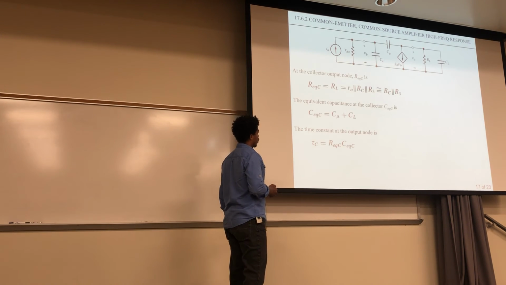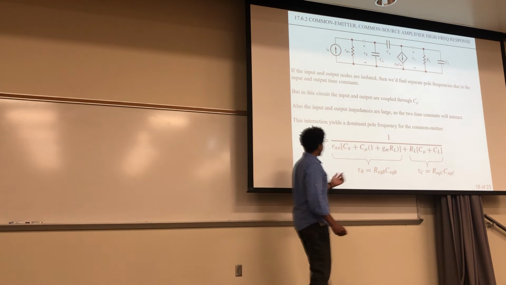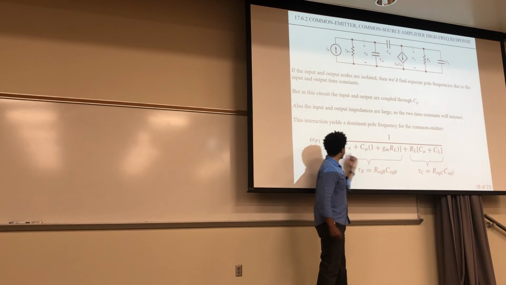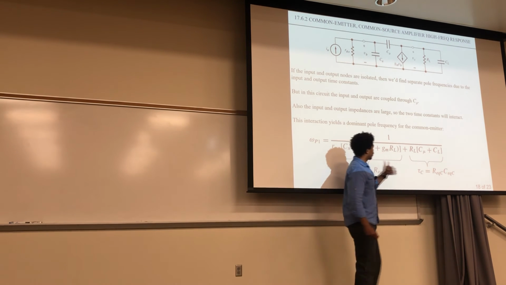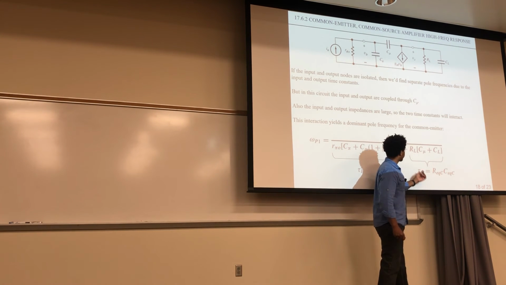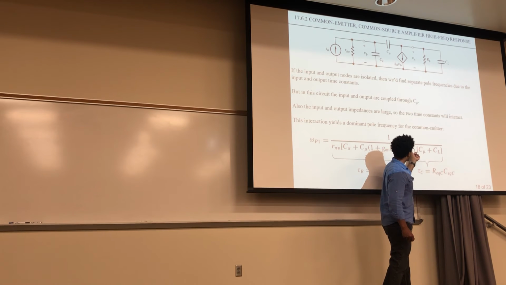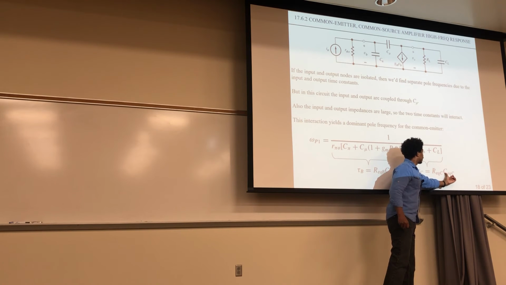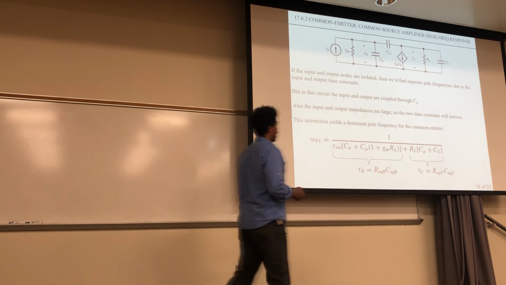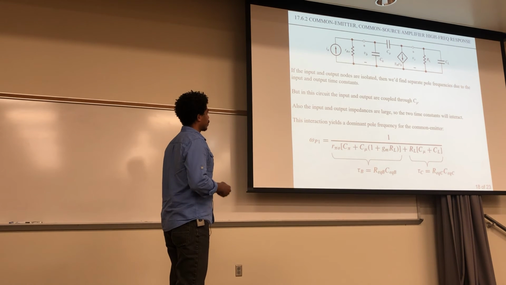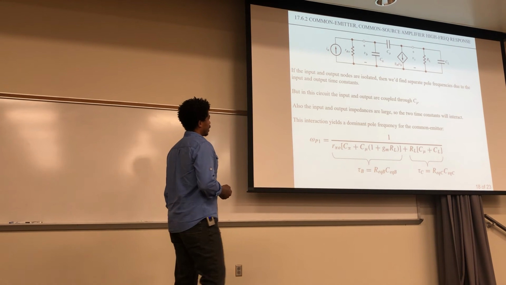So that's where that first part came from. This part is R pi 0. This part right here was that other expression. And then what we just did before for the tau C, we have the RL, which is all the outputs in parallel with the equivalent C right here, and there's no Miller effect for that. Okay, so that's what that is. And so that's going to be the high frequency pole.